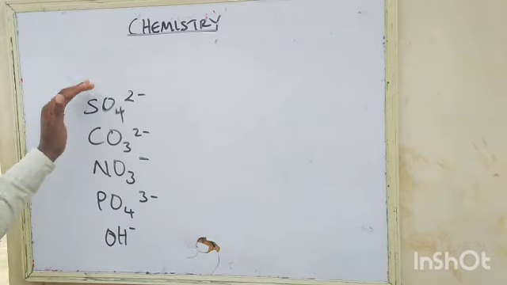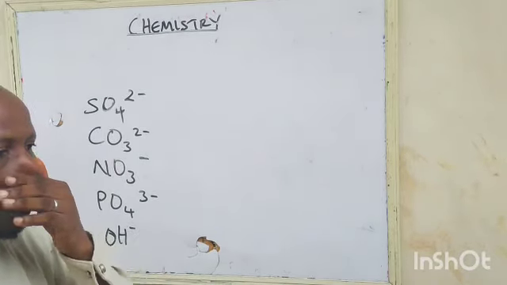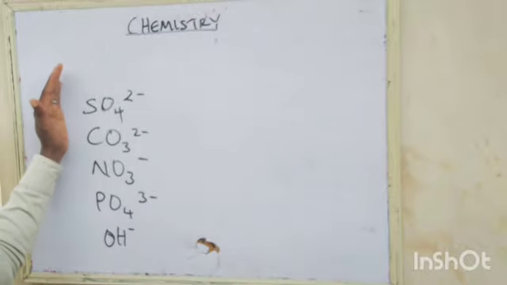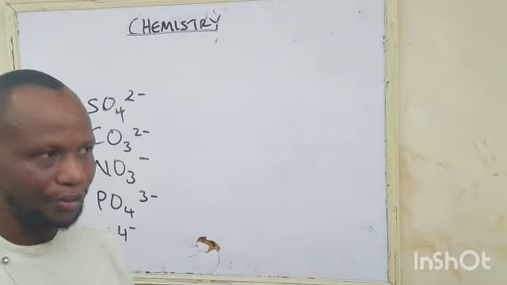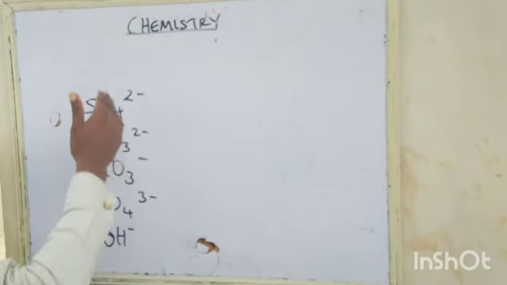So acidic radicals, or say anions, will be reacting with a cation. All these are anions because they are negatively charged.